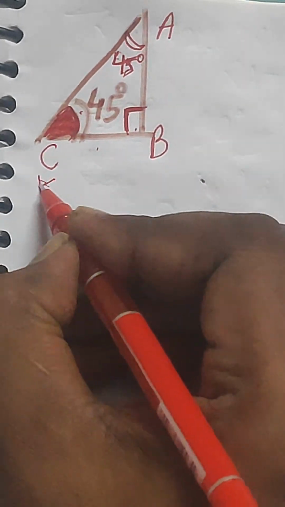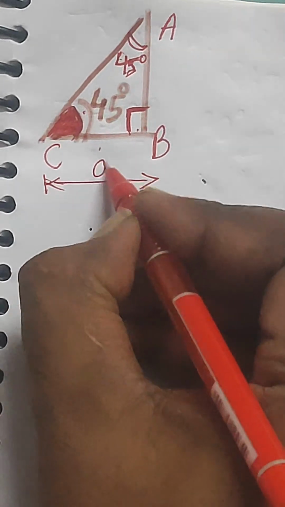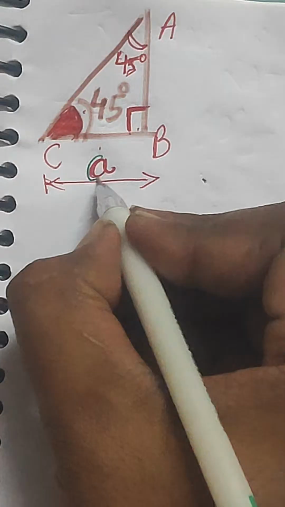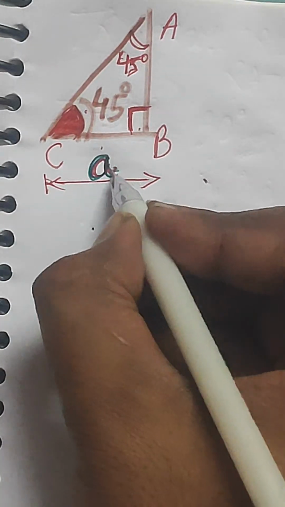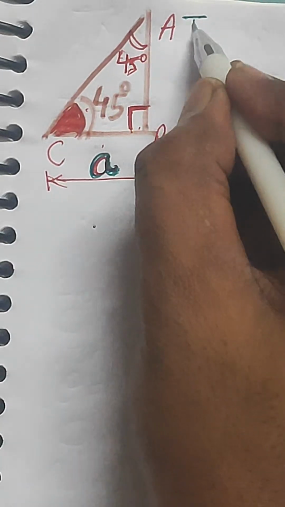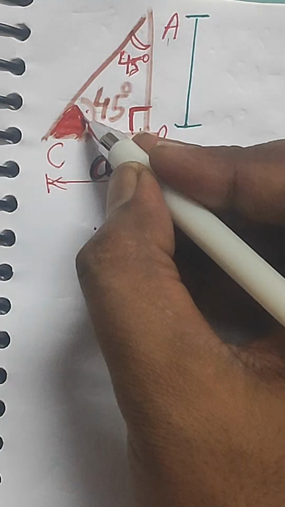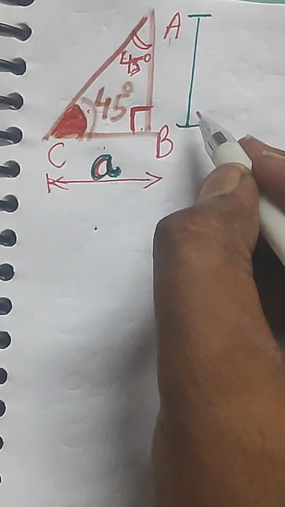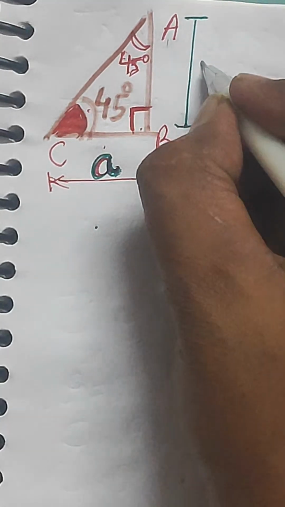So let us say the length of this BC is A, right? Then the length of AB will also be equal to A, because this AB is opposite to this angle. So this will also be equal to A, right?